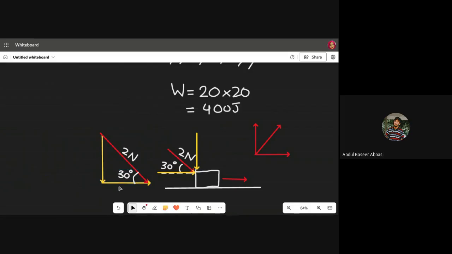Now we take this component. This side is adjacent to the 30 degrees. You must have studied trigonometry in maths, so SOH CAH TOA. Do you know this?